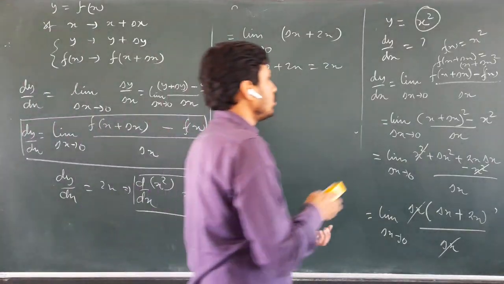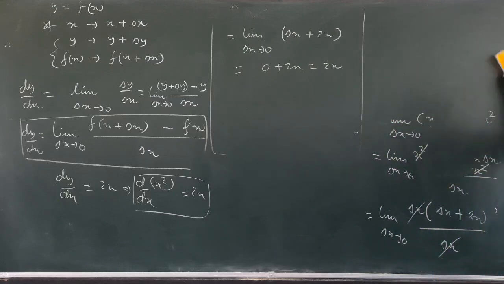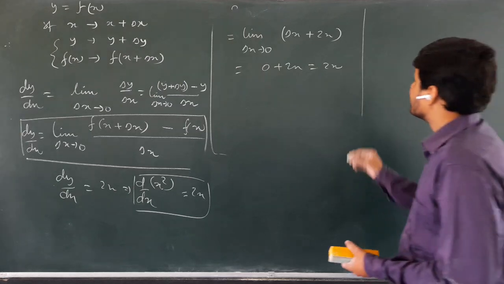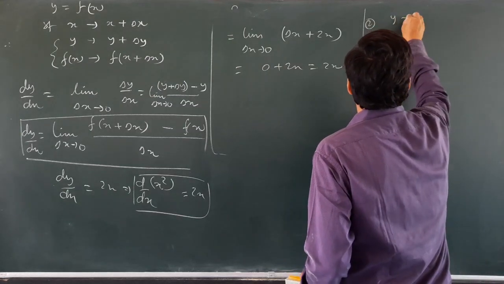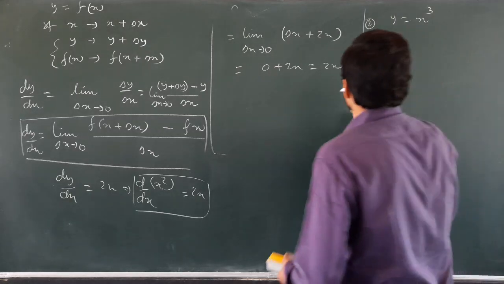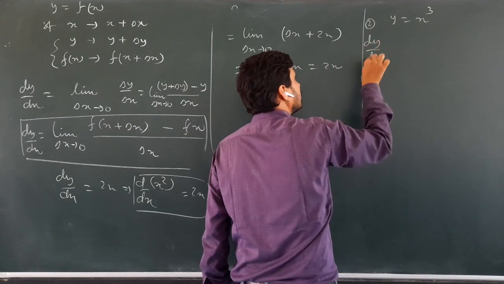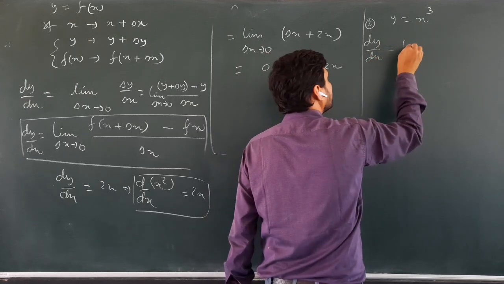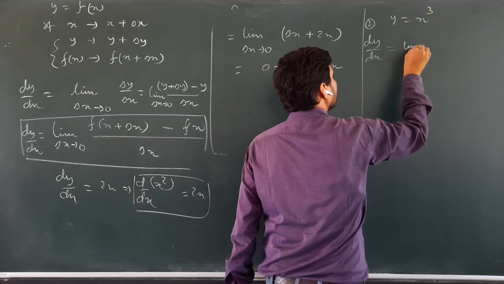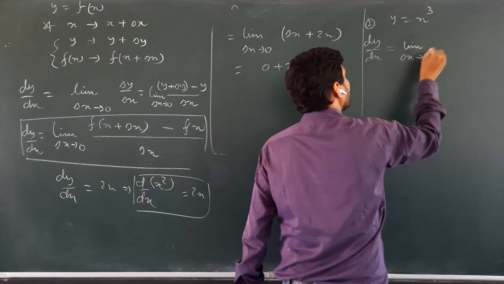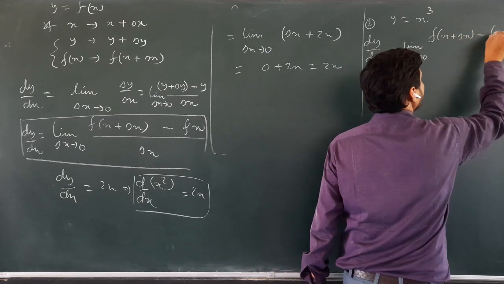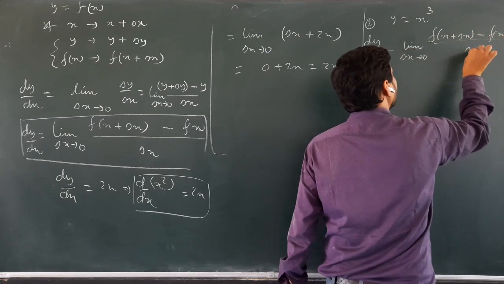One last question more I'll do, and then we'll see its practical application. Instead of x square, suppose we have x cube. So let's quickly see the method. dy by dx is limit delta x tends to 0, f(x plus delta x) minus f(x) by delta x.